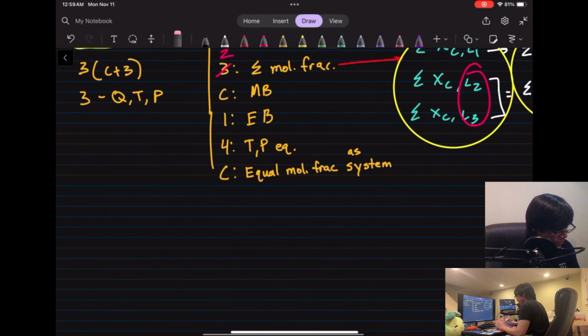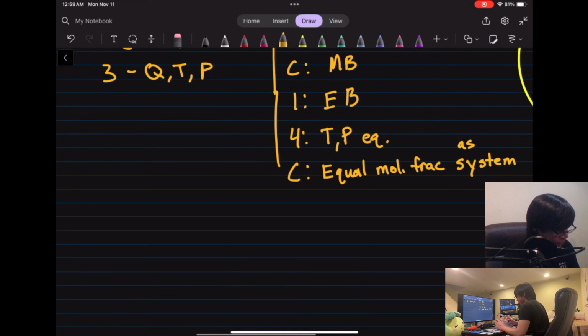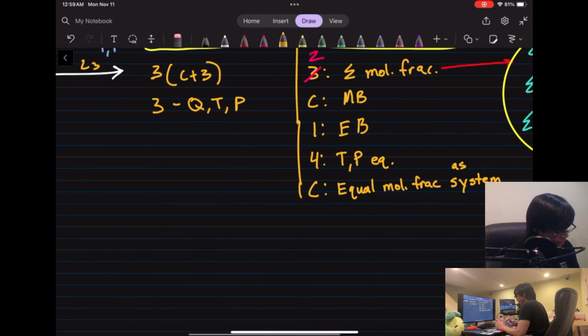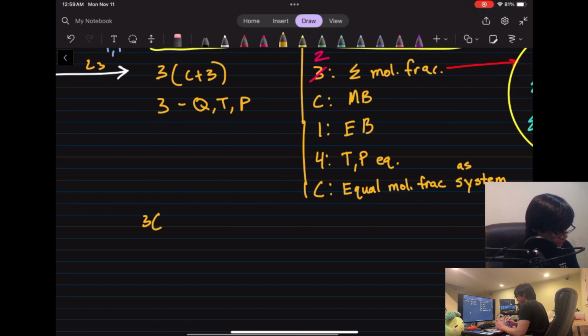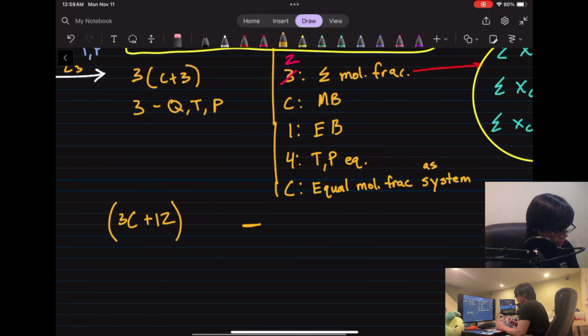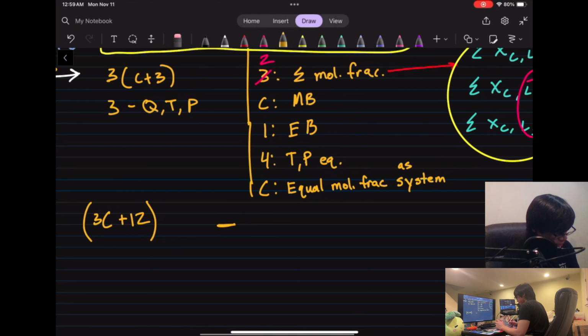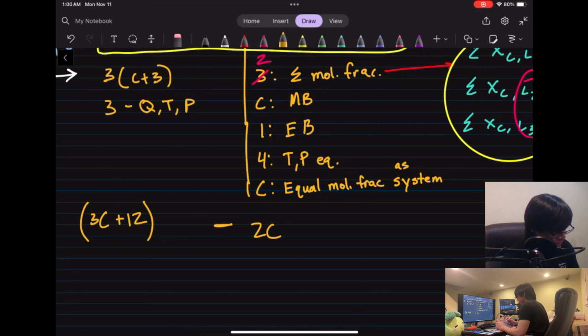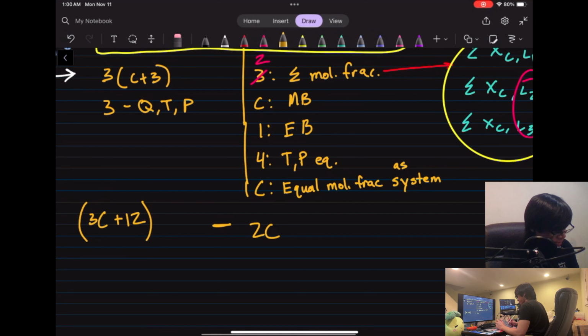So if we do some algebra again, once again, we have 3c plus 9 plus 3, so 9 plus 3 is 12. And then that's subtracted from, let's see here, 2c plus 2 plus 1 plus 4, so 5 plus 2 is 7.